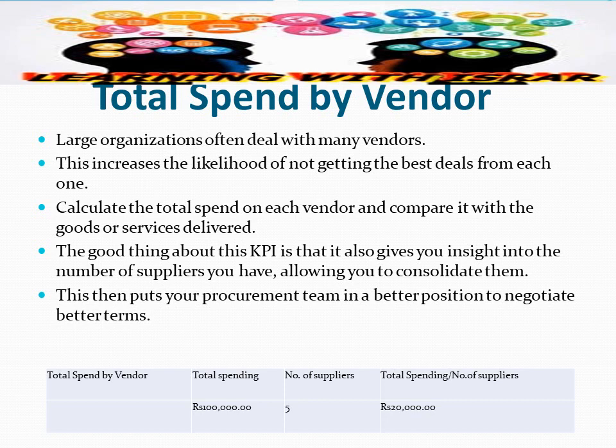So calculate the total spend on each vendor and compare it with the goods or services delivered. In this we put every KPI which we have discussed previously against that particular vendor: what we have spent, how it delivered, quality, quantity, competitiveness. We check all of it, and then we do the analysis of the procurement department.